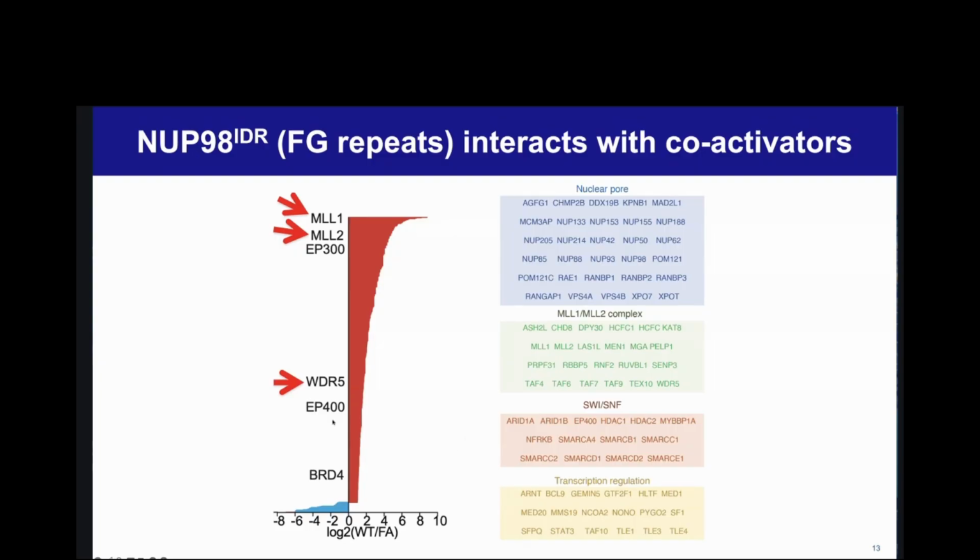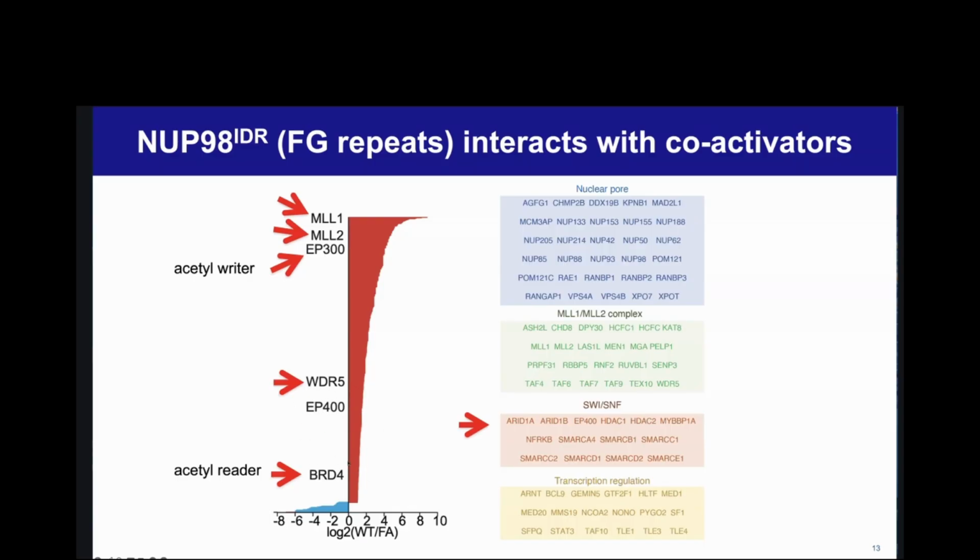And they're considered to be transcriptional coactivators. And we also see the histone acylation related factors, for example P300, and EP400, one of the largest subunits of the TIP60 complex.